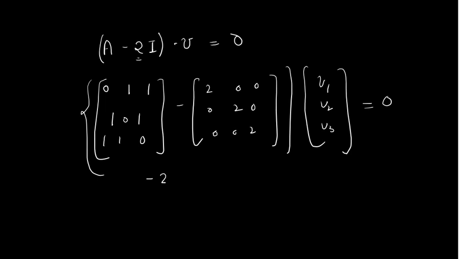Corresponding to -1 we can have this, and as I said, you can also have an eigenvector corresponding to -1 as 0 1 -1. If you normalize it, you can have this. So you can have these 3 eigenvectors for the 3 eigenvalues.